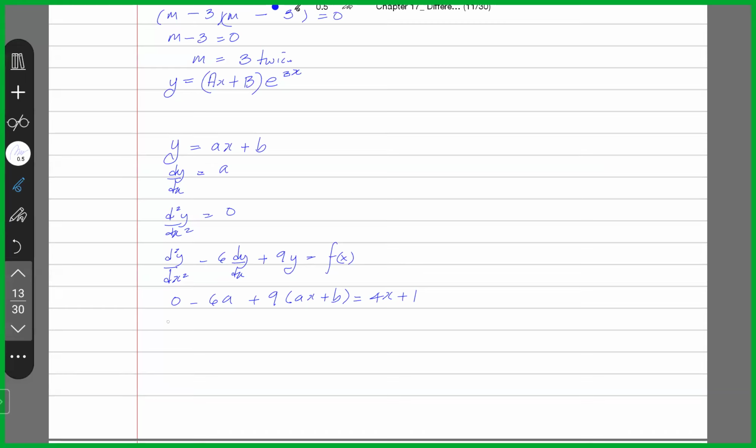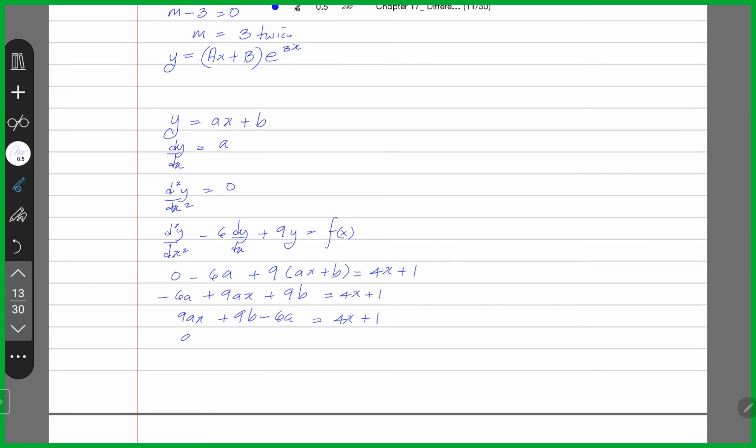So this becomes minus 6a plus 9ax plus 9b is equal to 4x plus 1. Then we have 9ax plus 9b minus 6a is equal to 4x plus 1. Next, I can say 9a is equal to 4, and this is the x coefficient. Therefore, a is equal to 4 over 9.